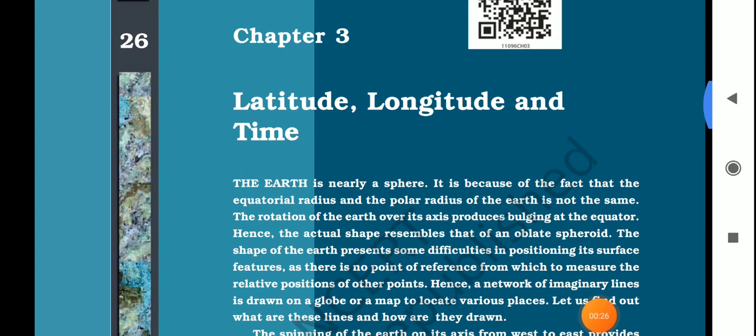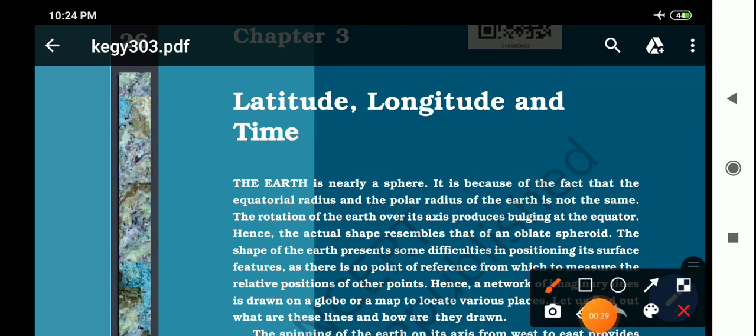If I draw here the shape of the earth, this is the portion equator, and this is the portion poles, north pole and south pole. So here, students, it is bulged towards the equator and flat towards the pole side. And so the equatorial radius, and the polar radius, like this is the portion.